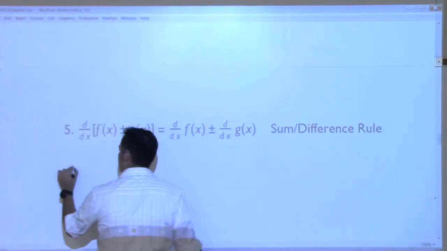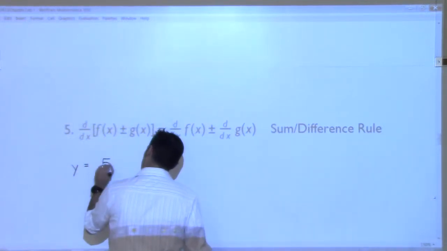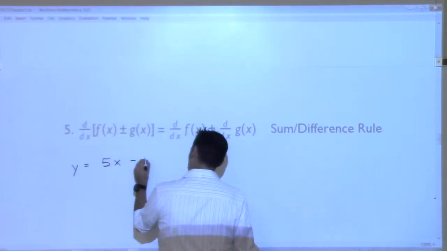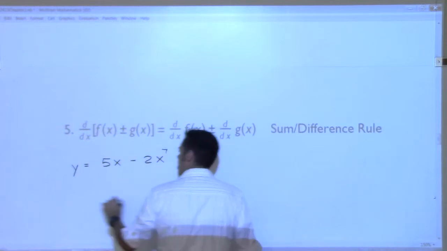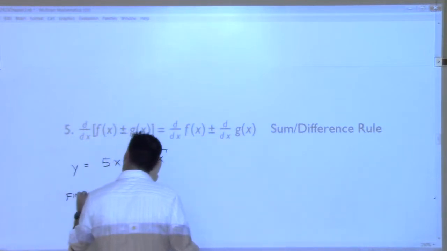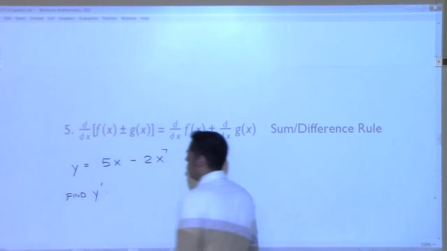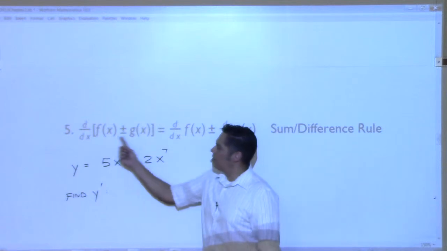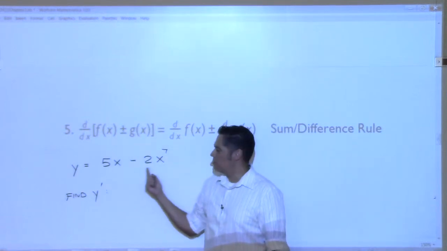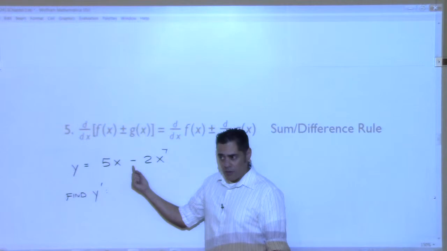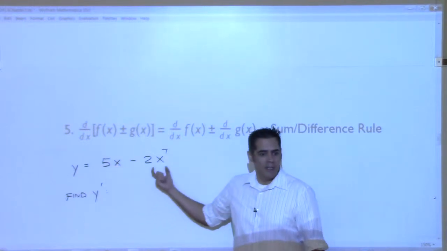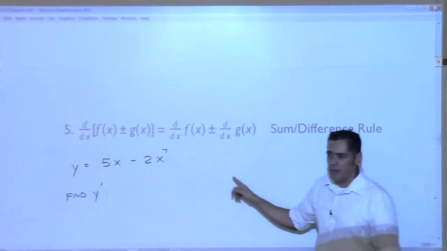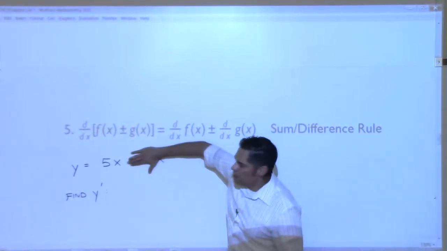Let's do an example of this. Let's say I have 5x minus 2x to the 7th, and we're asked to find y prime. Do I have 2 functions of x separated by addition or subtraction? Yes. Since I do, I can take the derivative of these individually, separately, and then just slap a minus sign between them. So what is the derivative of 5x?